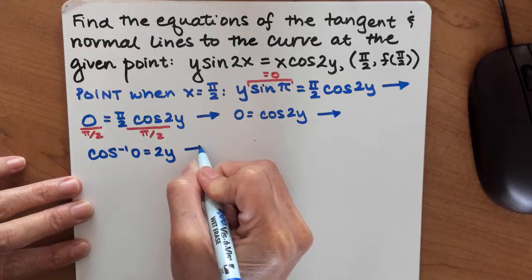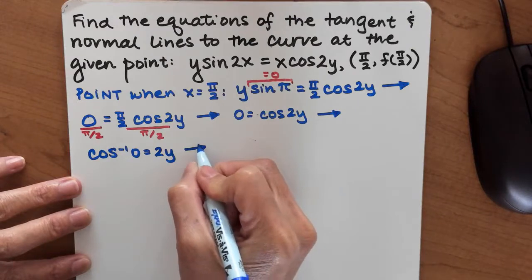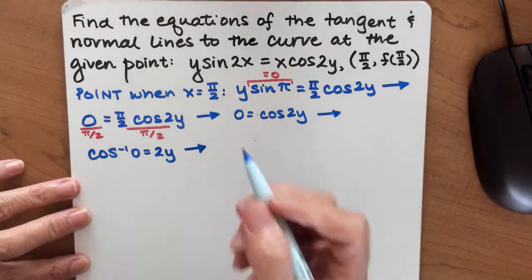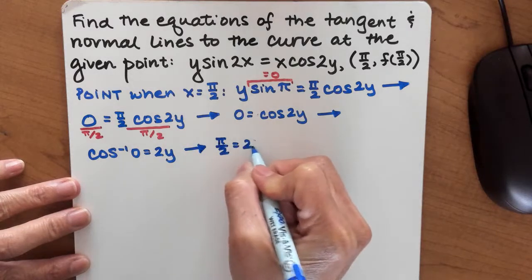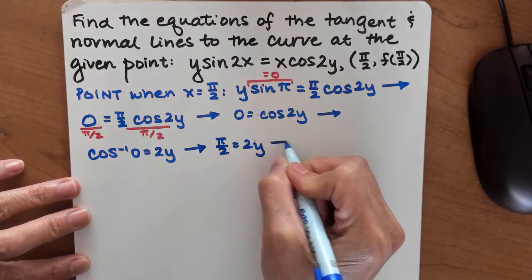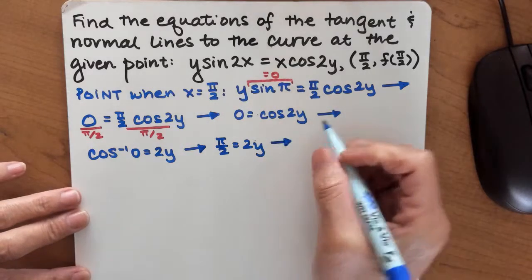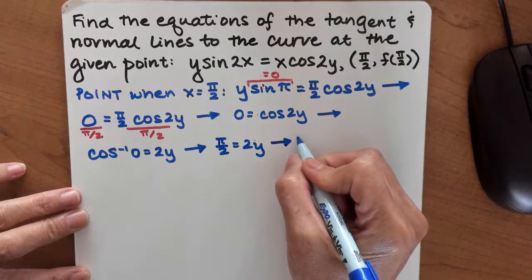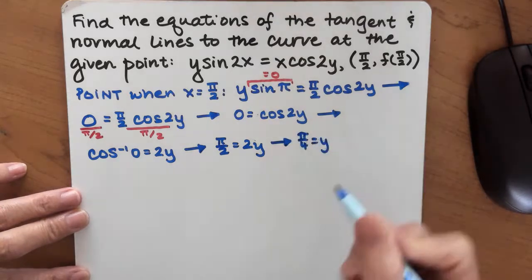Well, there's an infinite number of angles whose cosine is 0. I'm just going to use the first one for this problem. The principal value is pi over 2 is 2y. And when I divide both sides by 2, or multiply by a half, I get pi over 4 is y.